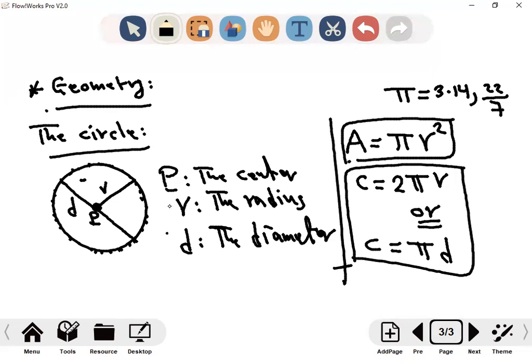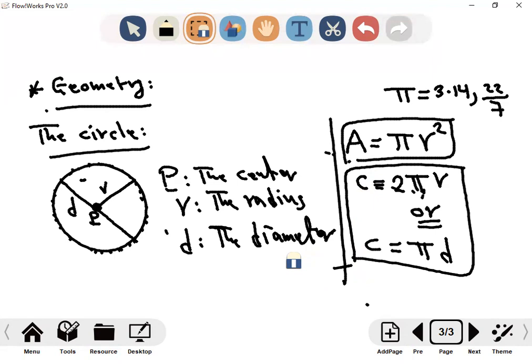Now, which formula can we use for the circumference? Either the first one or this one, right? Now, this one has radius. So if the radius is given, we can use the first one.